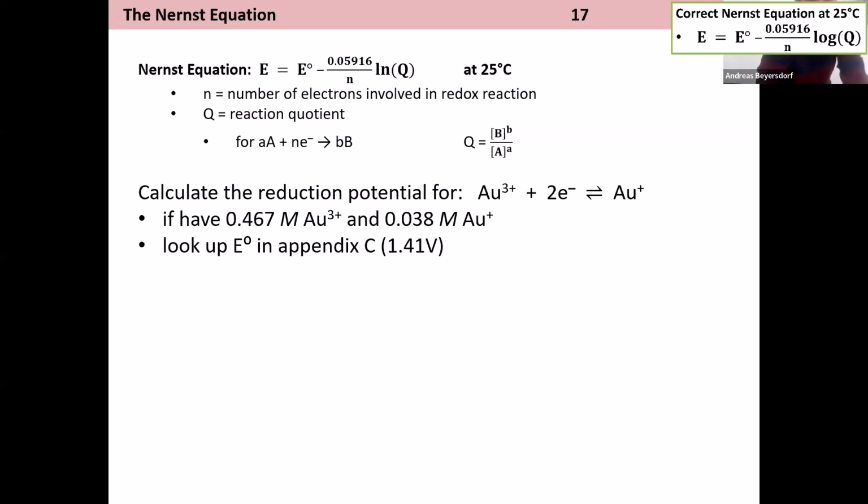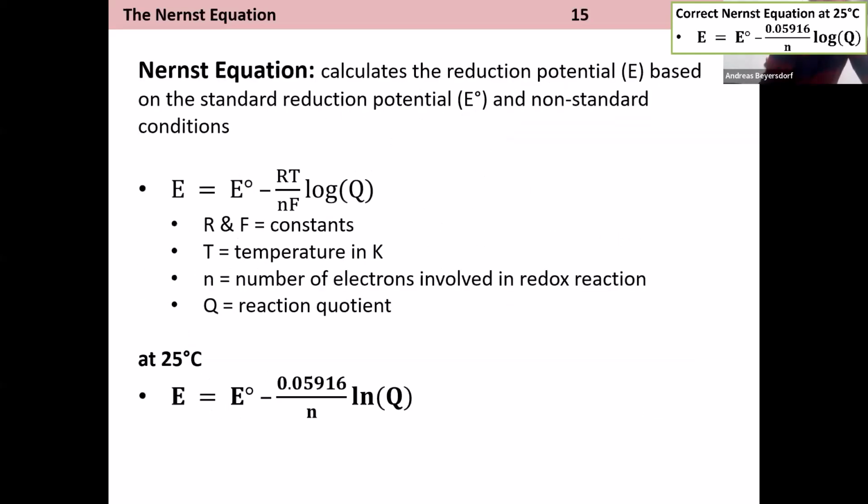Okay, so sorry about that. The Nernst equation: E equals E naught negative 0.05916 over n ln of Q. Okay, I'll fix that one above.